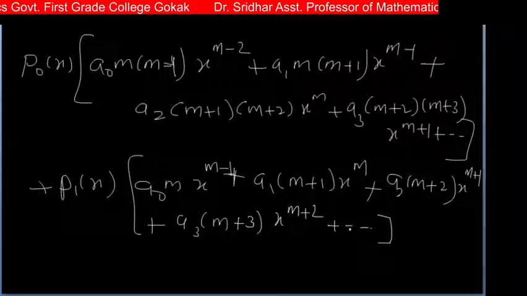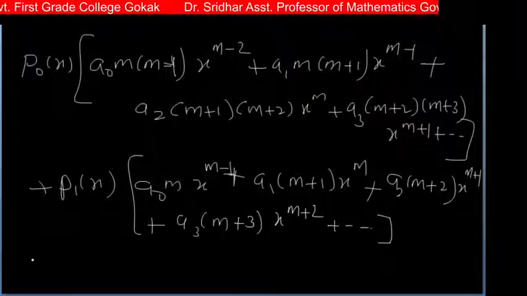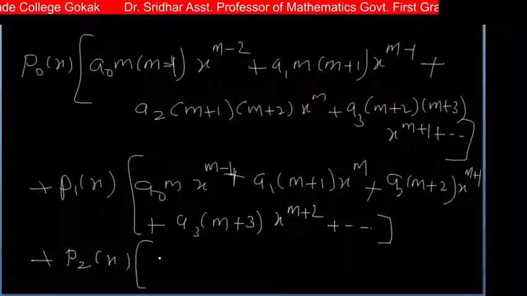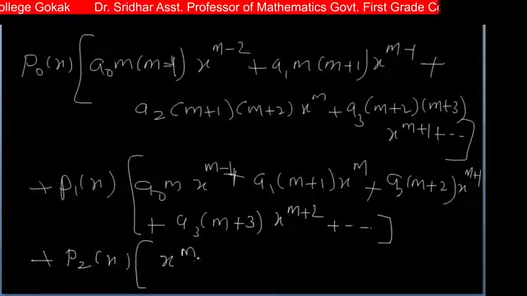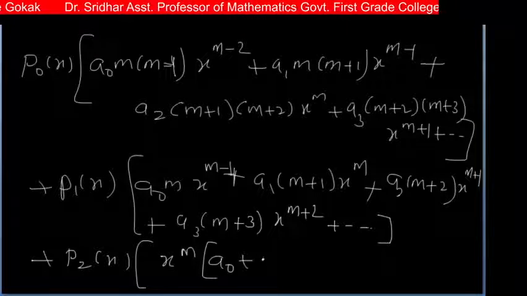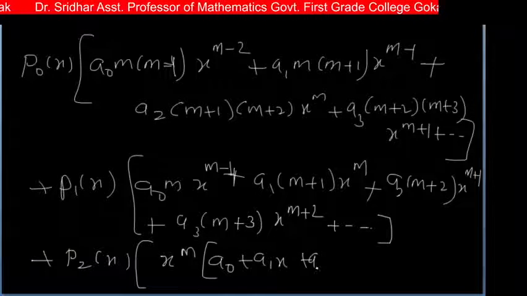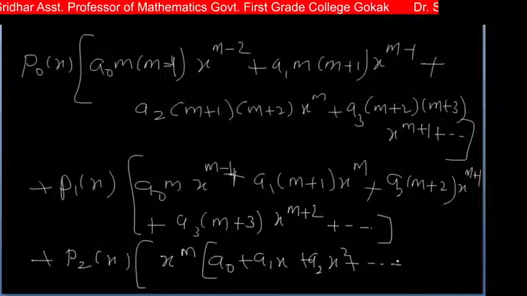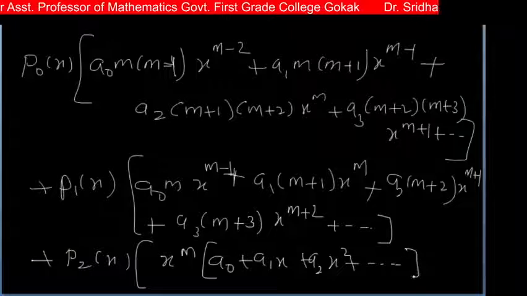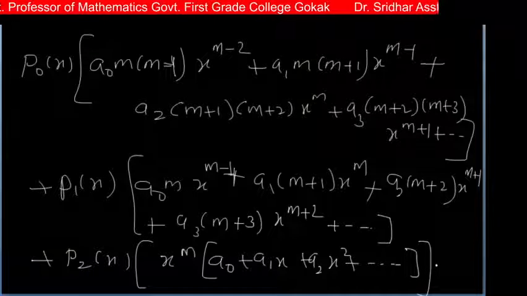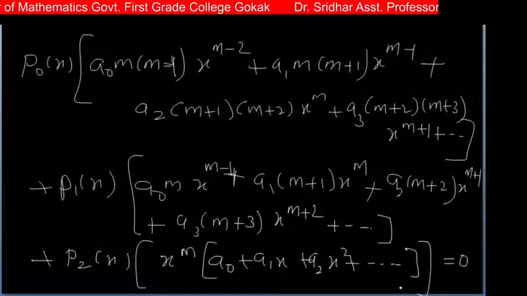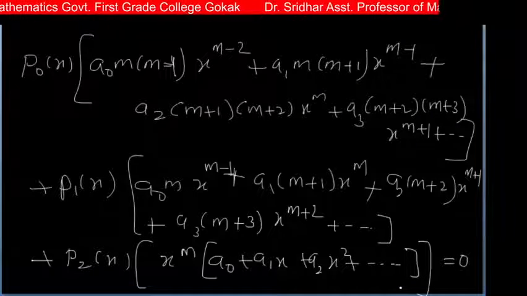Plus p2 of x into y. Y means x to the power m into bracket a0 plus a1x plus a2x square and so on. P2 of x into y is equal to 0. Okay, so now what do we do?